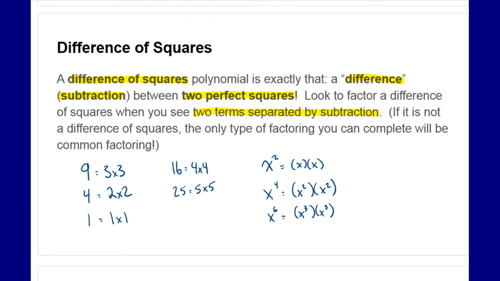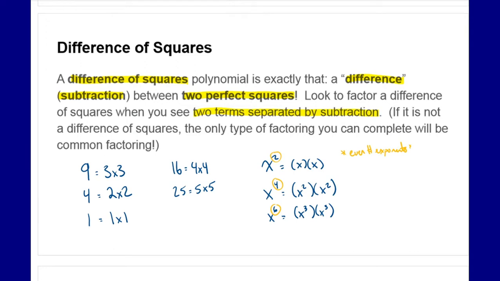So when we're dealing with variables, we're looking for even number exponents. Basically, does the exponent divide by 2? That's what we're looking for when we talk about a perfect square.